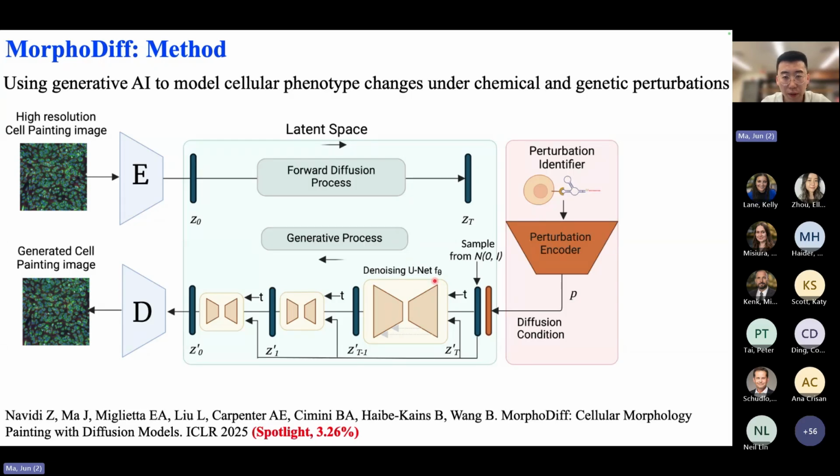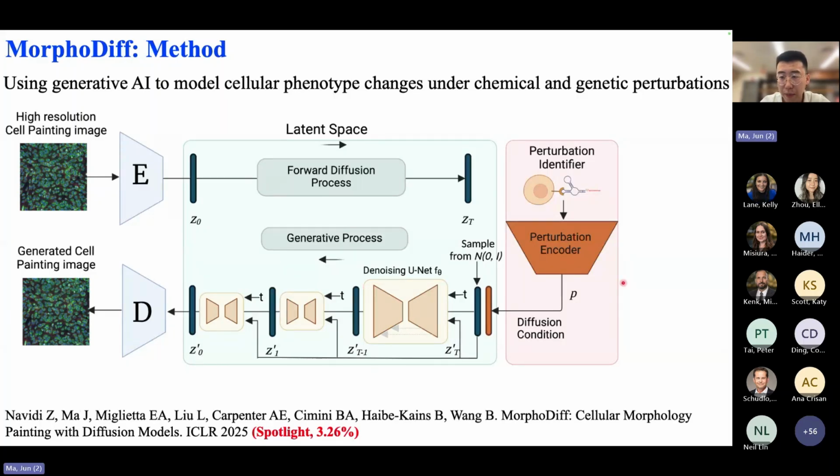In this process, we also have an additional perturbation encoder to encode various chemical and genetic perturbations. And then we can use the perturbation embedding as a condition in the generative process. After obtaining the embedding in the latent space, we can pass it to the decoder to generate the high-resolution microscopic images.